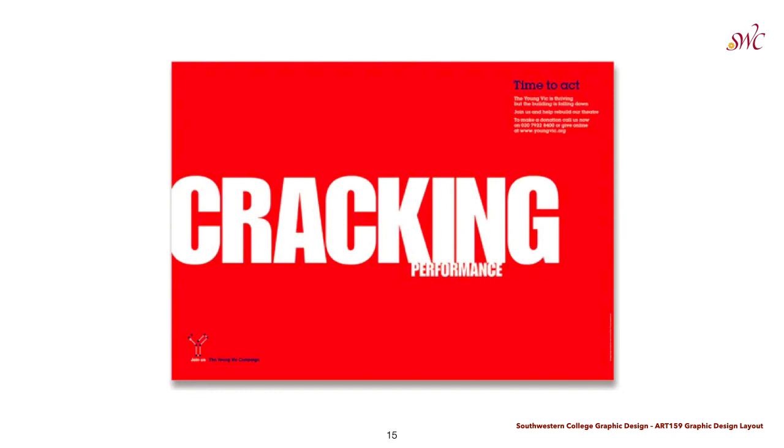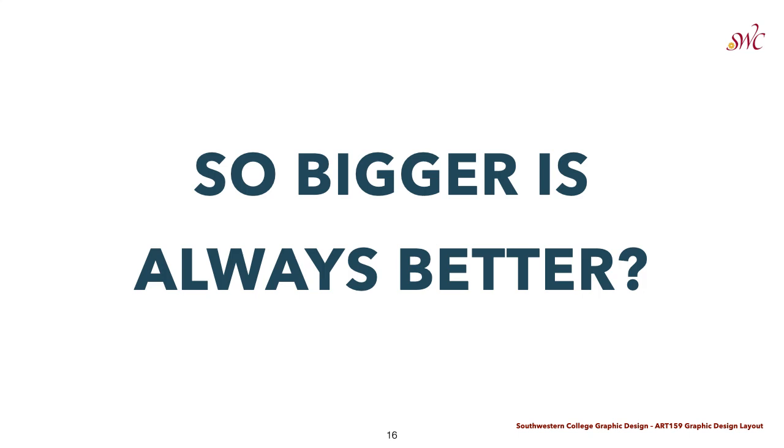From there, we continue to navigate to the top right of the composition and read time to act before we get to the actual body text. So they're utilizing scale here to establish that hierarchy. They're using composition and proximity of these different elements and alignment, but essentially they're really pushing the scale of this titling to have it stand out as the most dominant element within this composition.